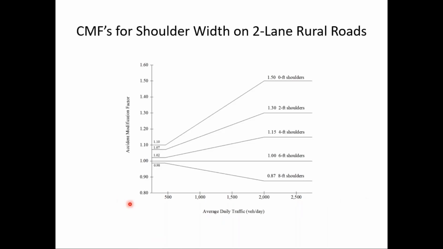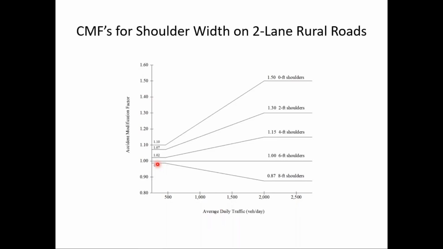And the vertical scale is the crash modification factor from 0.8 to 1. Remember, 1 would mean the improvement had no effect on crash experience, and then up to 1.6 in this case.